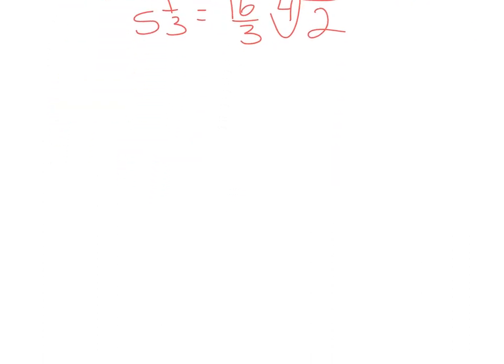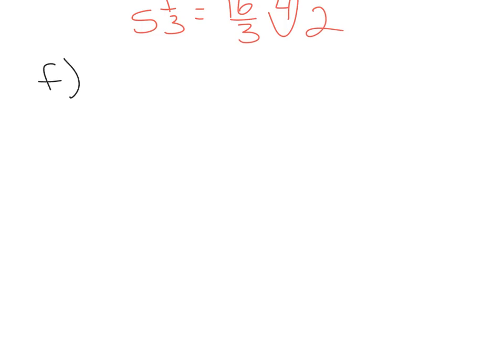All right, so working in example 2, we're going to do letter F, which says the fifth root of 32 plus the fifth root of 96. We might need to use some prime factors here.